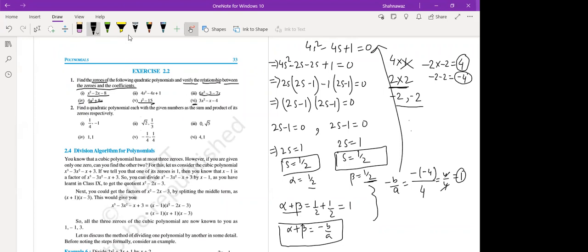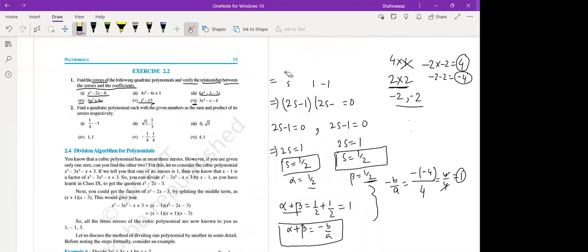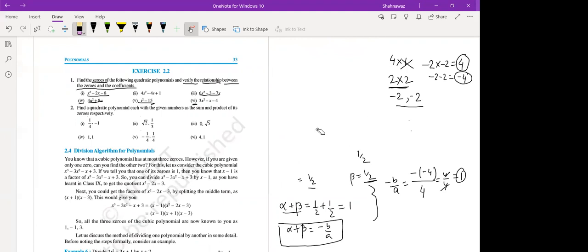Just for practice, the more you practice, the more clear the middle term splitting will be, because at an instant you will be able to gather the combination of the numbers. If you do more practice, you will have the idea about the numbers at an instant.